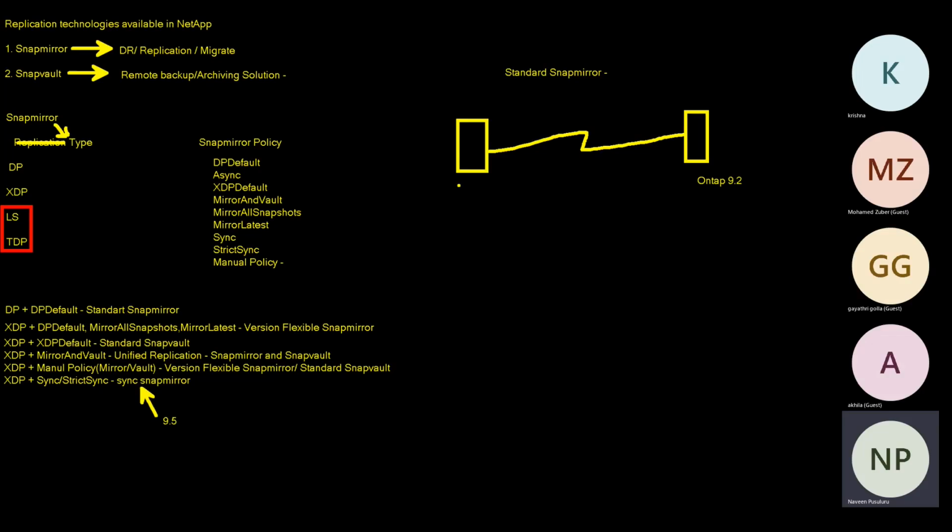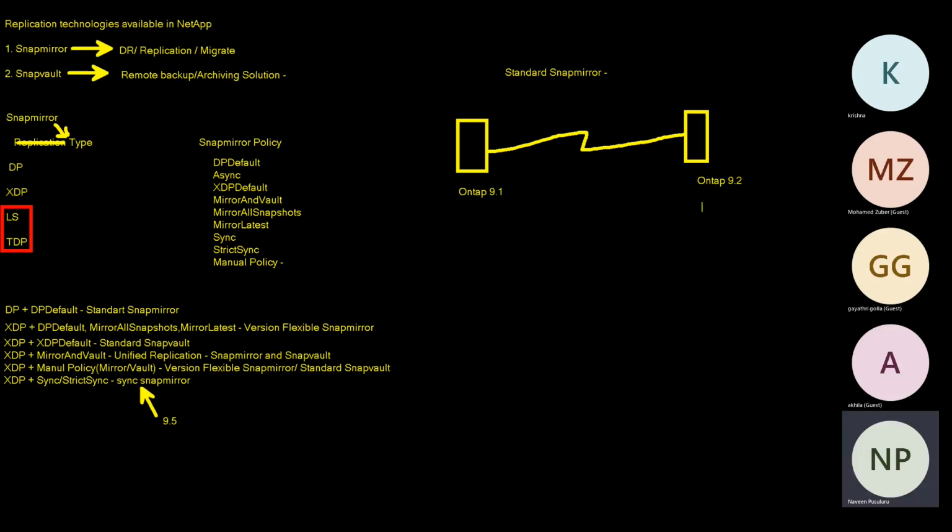For example, if my source ONTAP version is 9.1, then my destination cluster ONTAP version must be either 9.1 or greater than that. Then only standard SnapMirror will work, or else it will fail.